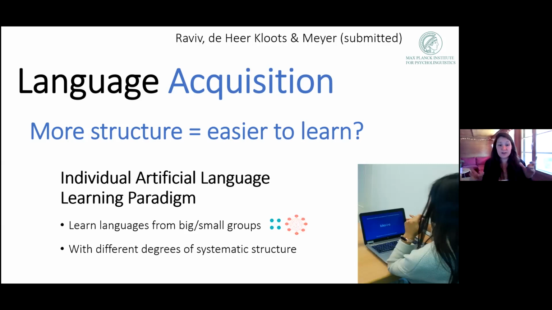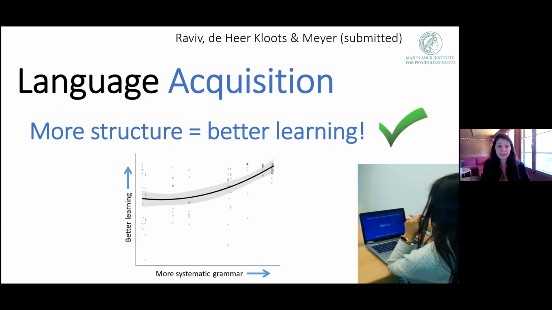These languages varied in the group size origin, so whether they came from a bigger or smaller group, and their degree of systematic structure, ranging from very low structure to very high structure, and it was matched for all conditions. Okay, so the results showed that languages with more systematic grammars are indeed learned better.